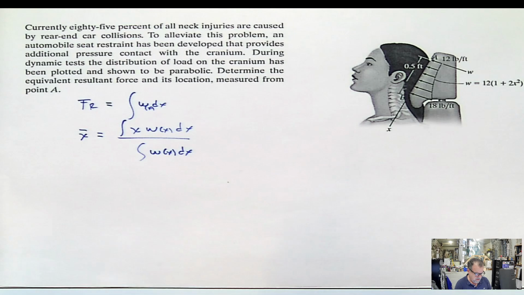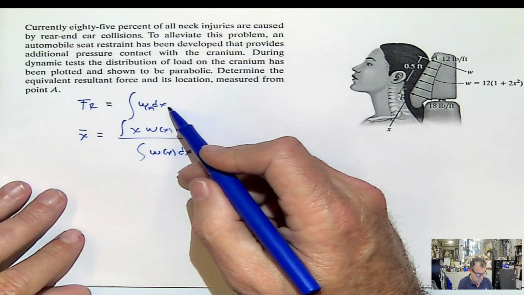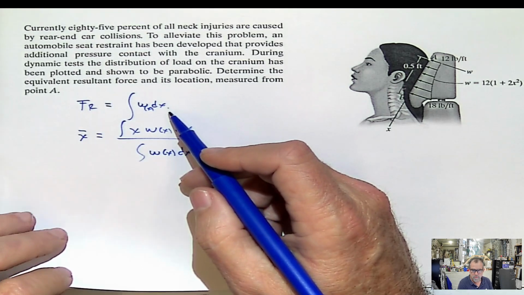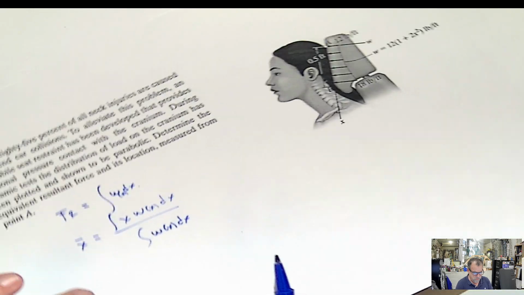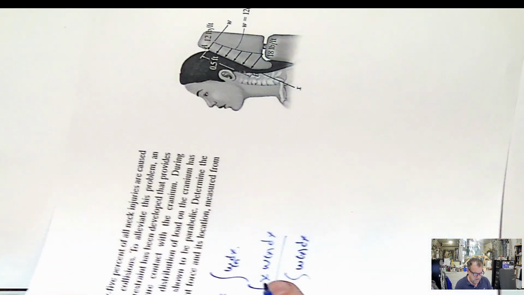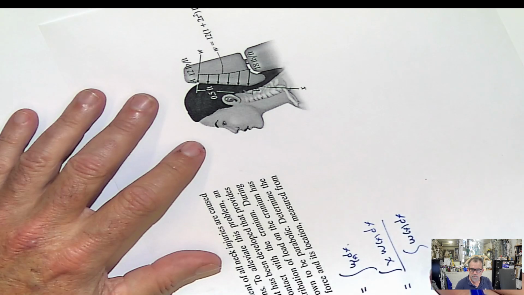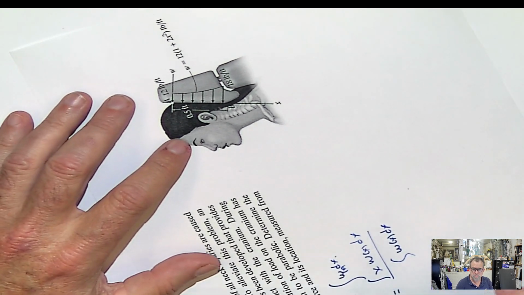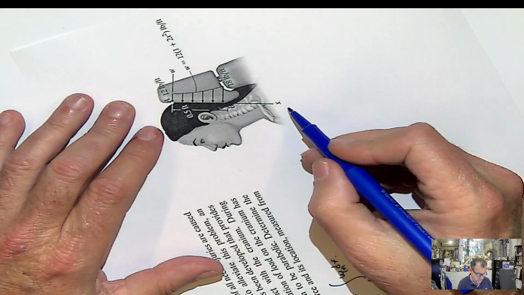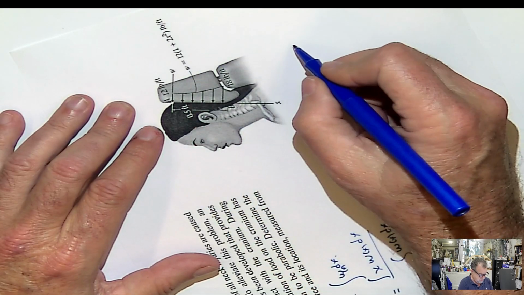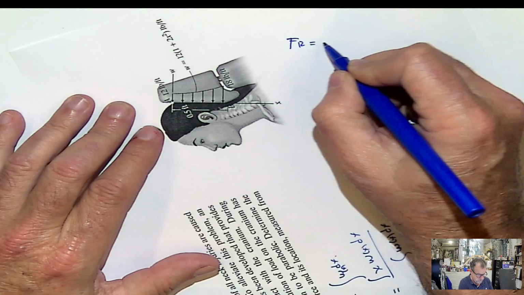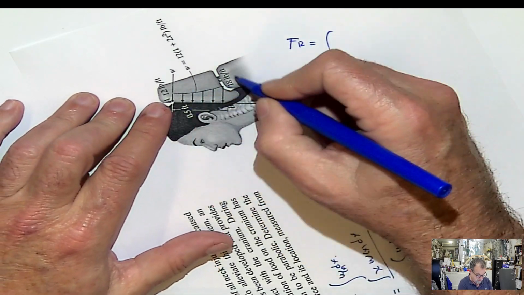So now let's say that the problem is telling you the equations, and the only thing that you have to do is solve for those integrals that you have over there. Nothing else. Now you have this inclined like that. Look what happened when you put it in this direction. Everything is perfect. You have x, you have w, and then you can say that your resultant force is the integral of the function.